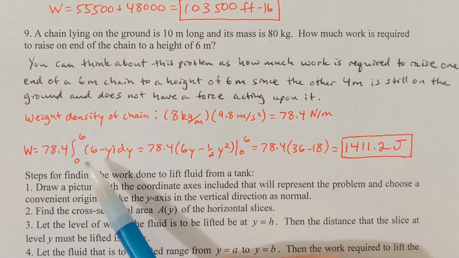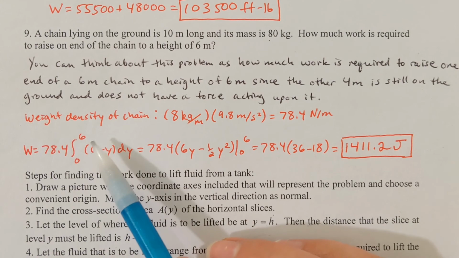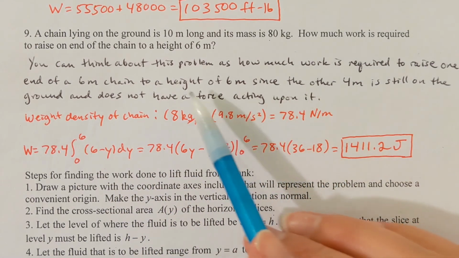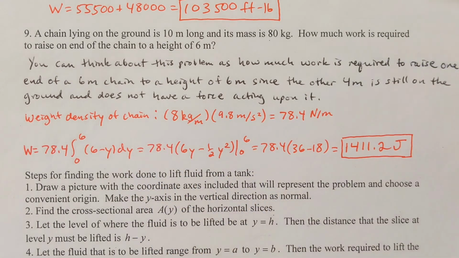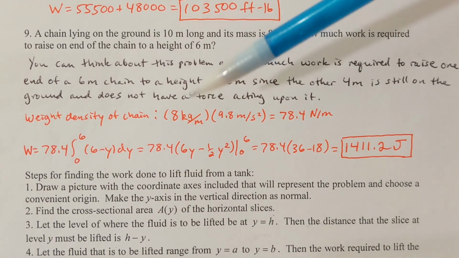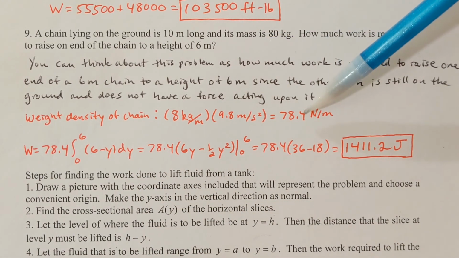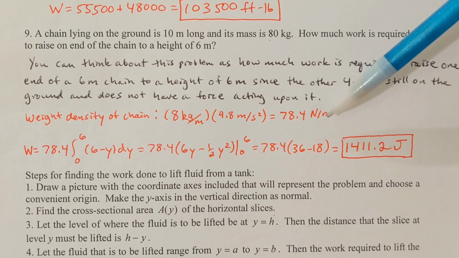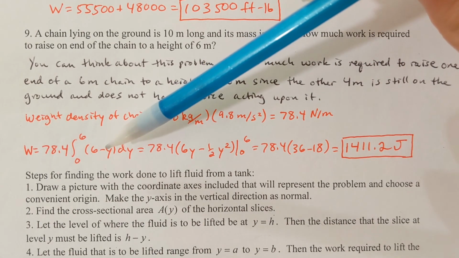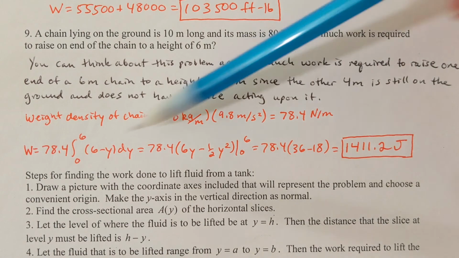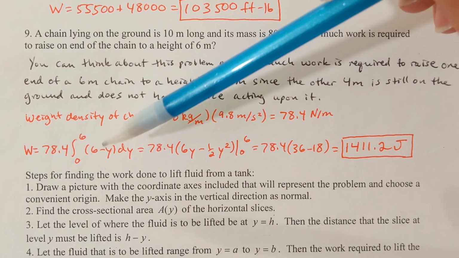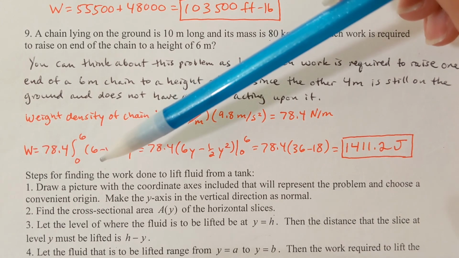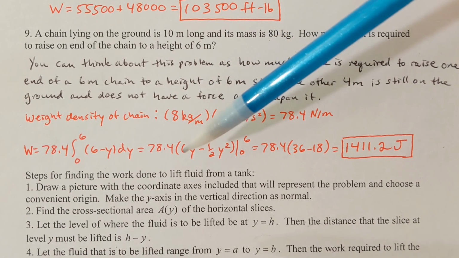Okay, the bounds here, I'm going to go 0 to 6, since I'm thinking of this as a 6-meter chain, and then we're going to lift it so that it's fully extended. If we take 78.4 newtons per meter times 6 minus y meters, meters cancel, and that leaves us with something in terms of newtons, which is the unit measure for force in the SI metric system.